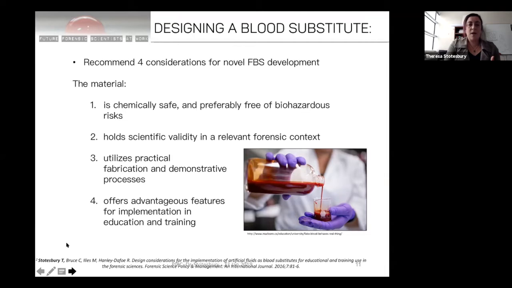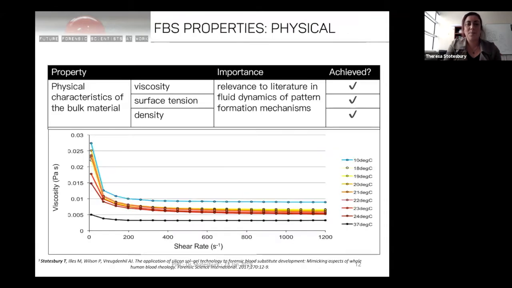And for us in academia, we really are interested in designing new systems that can be quite advantageous in the classroom. So could they actually have added benefits for learning and education? So we do things like add nice glow in the dark fluorescent and phosphorescent fillers so we can get into nice information about complex reasoning at crime scenes. And that's the topic for another day.